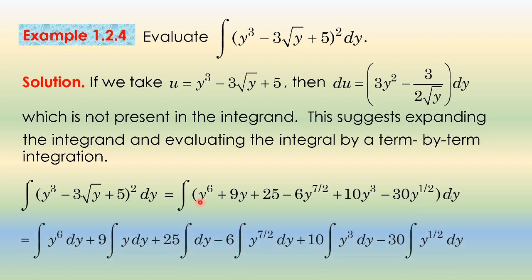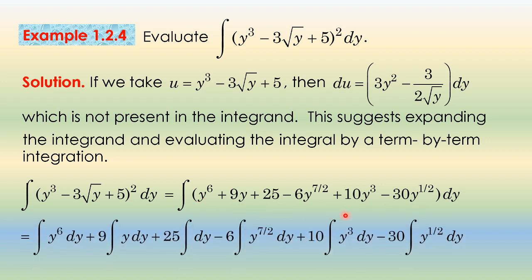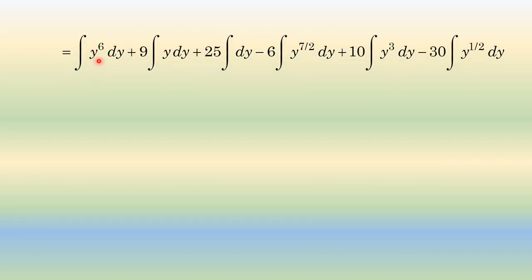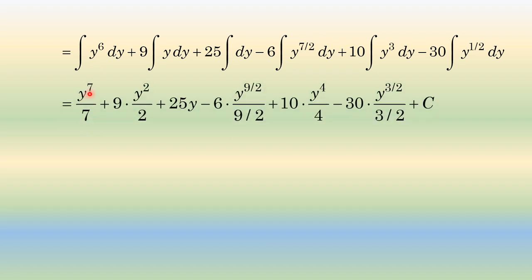So evaluating this by term-by-term integration, we have, for the first term, y to the 7th over 7. Second integral, 9 times the integral of y dy is y squared over 2.